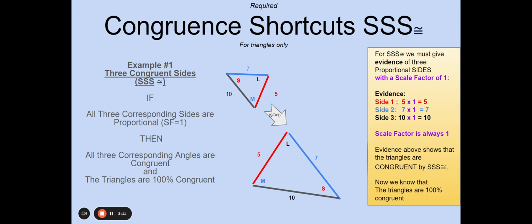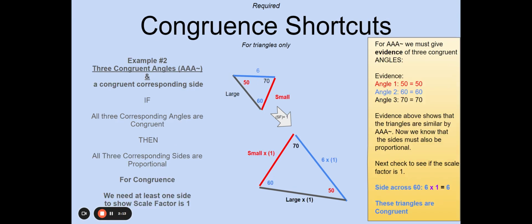Okay, next one. This one's a little bit more complicated, but it's still based off of the previous similarity exercises that we did. Okay, so angle, angle, angle by itself does not give us enough information for congruence, because congruence needs a scale factor of 1.